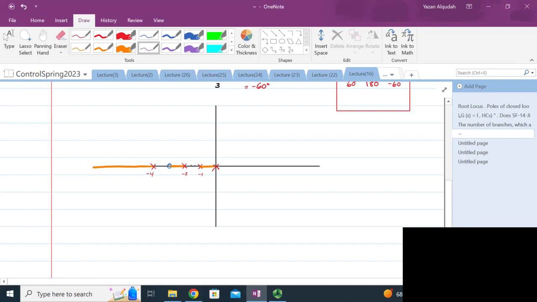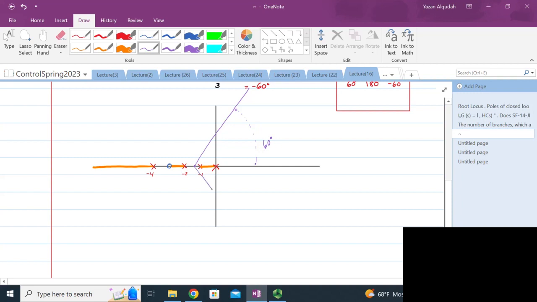What my calculation said is that if you come here and plot a line that makes an angle, what is this angle? 60 degrees.